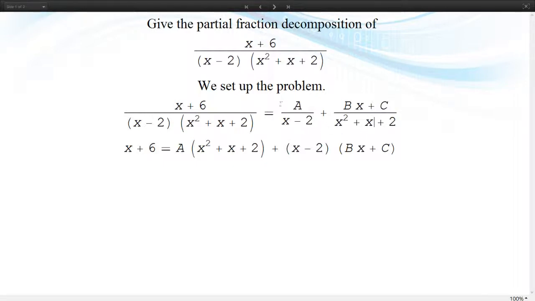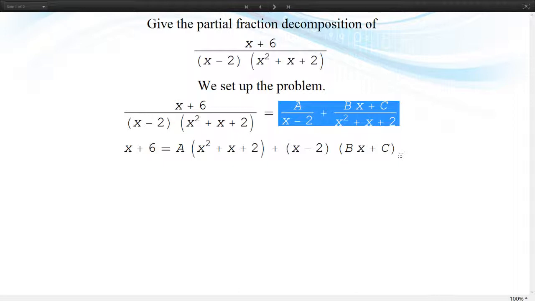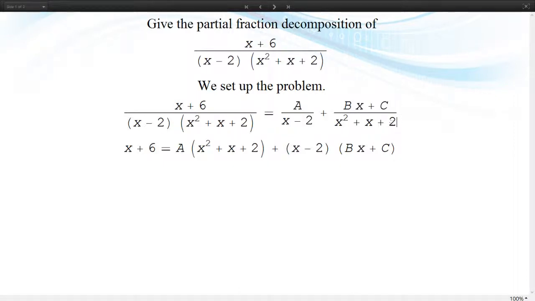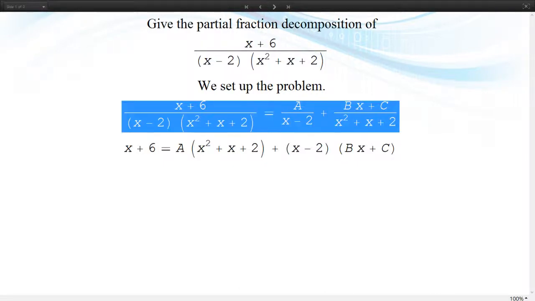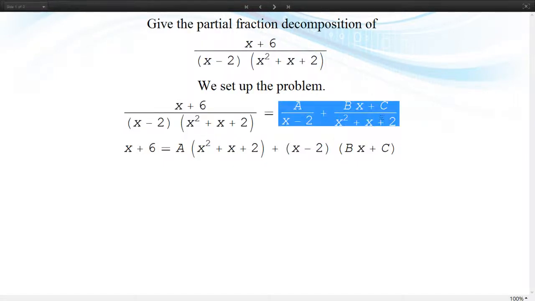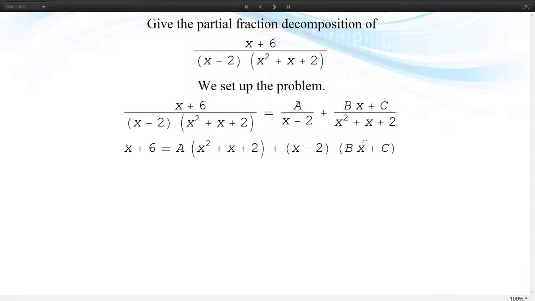So the benefit to this is that it'll give you real values for all of your coefficients. You won't have any imaginary or complex values. Whereas, as I said before, this factors in the complex field. You can factor this with complex roots. If you did that, you could split into 3 fractions instead of 2, all having constants in their numerators, but you're no longer guaranteed to have only real numbers.